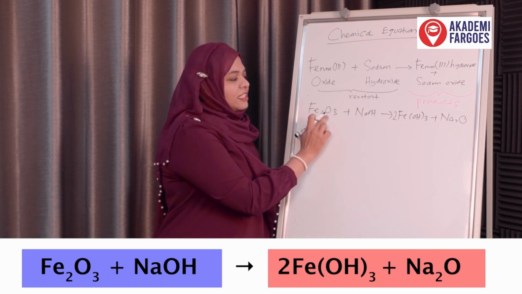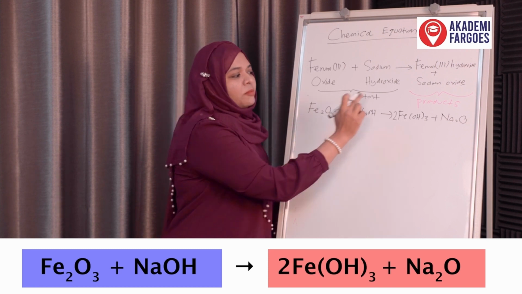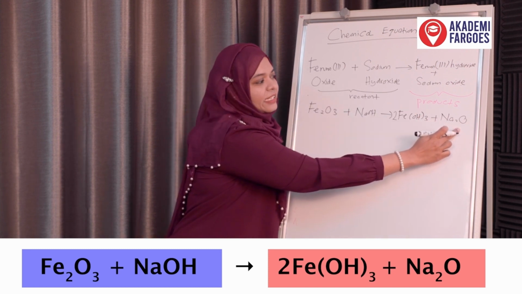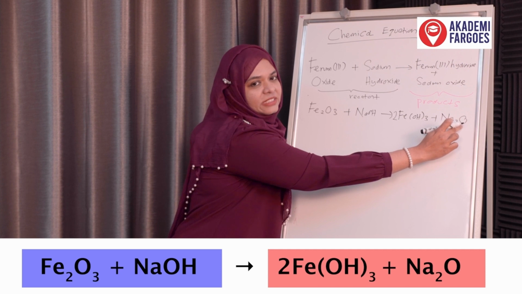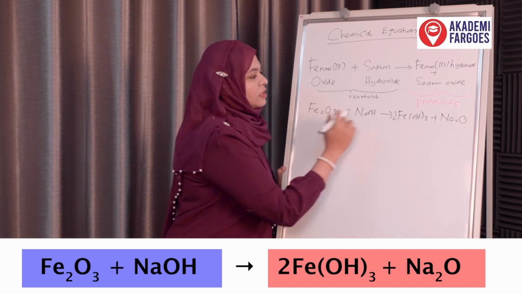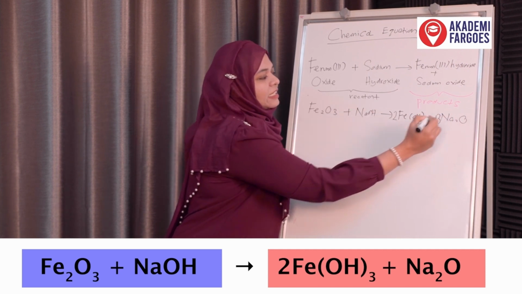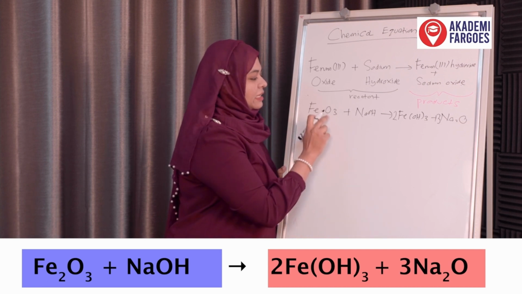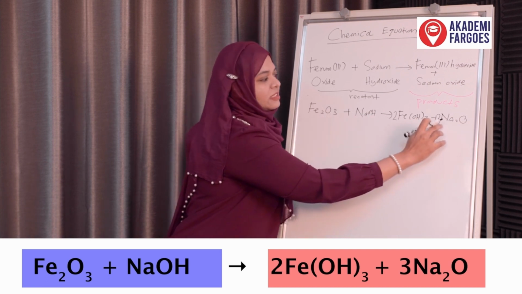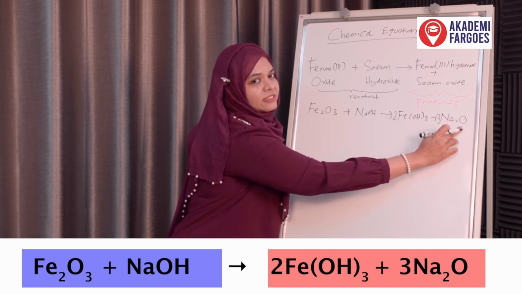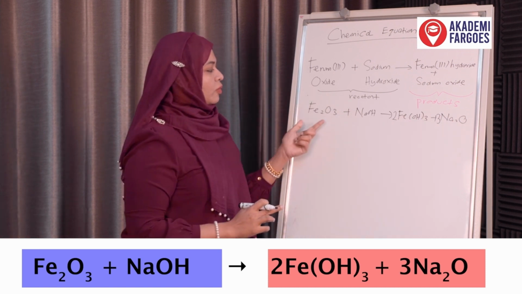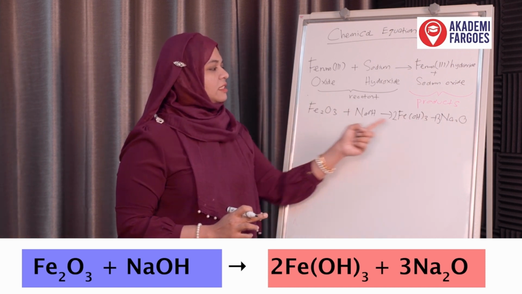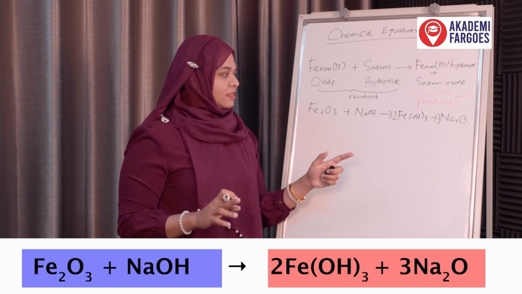Left is 3 oxygen. How many atoms of oxygen on the right? 1 oxygen. So we need to put 3 in front to make it 3 oxygen here, 3 oxygen here. Okay, now ferrum and oxygen done.